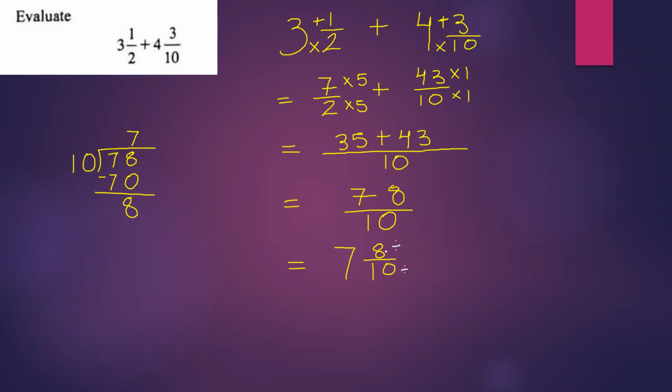What can we divide 8 and 10 by? 2. Very good. 2 goes into both 8 and 10 without leaving a remainder. 8 divided by 2 is 4, and 10 divided by 2 is 5. So 7 and 4 over 5.